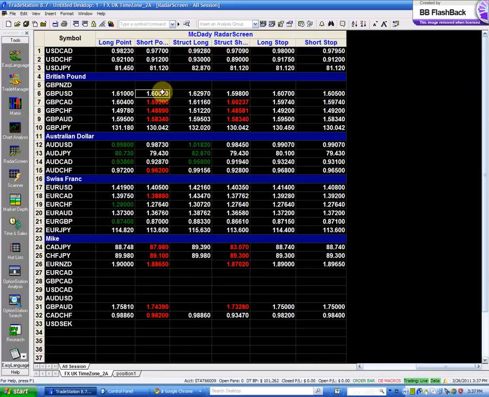I will only go short below the 160, my structure short is the 159.80, and my stop is going to be the 165. Okay guys, that is the pound dollar. Okay, let me hold the recording.